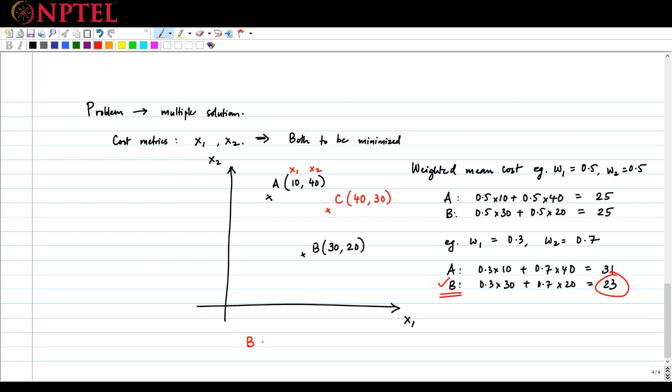B is always going to be better than C. Why? Because x1 of B is less than x1 of C and x2 of B is less than x2 of C. Let me just correct this. I shouldn't be using the word greater than, I should say better than.